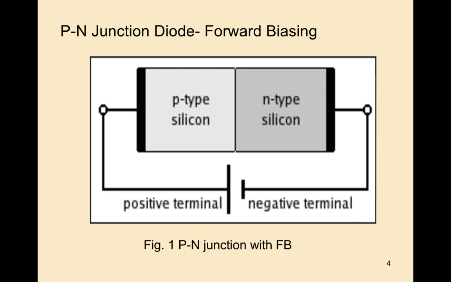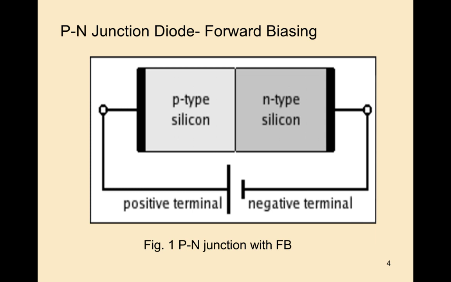So when is the PN diode connected in forward biasing? By applying an external supply voltage in the form of a battery. The battery positive terminal is connected to the P side and the battery negative terminal is connected to the N side. That means plus is connected to plus and minus is connected to minus. This connection we call a forward biasing connection.